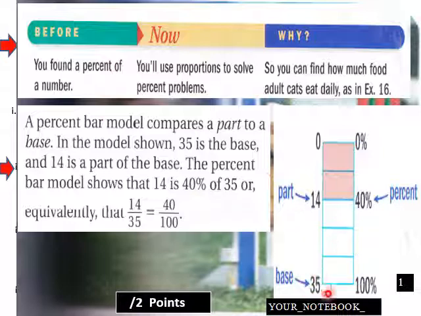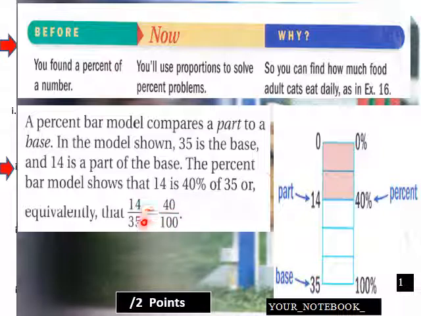So we have a base down here, then we have a percentage amount up here. In the model shown, 35 is the base and 14 is part of the base. The percent bar model shows that 14 is 40% of 35, or equivalently, 14 over 35 equals 40 over 100.